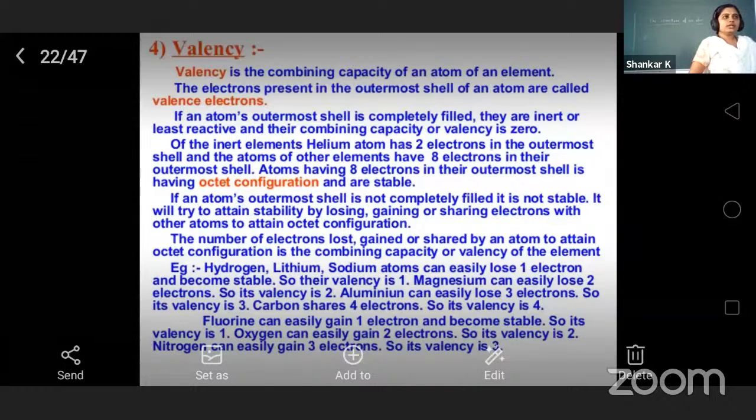Here, students, helium has 2 electrons. The first orbit can also be filled with only 2 electrons.